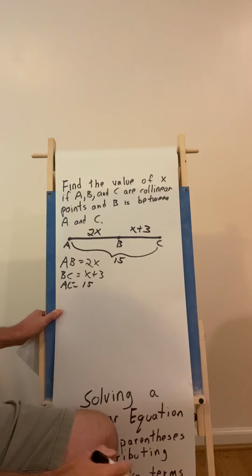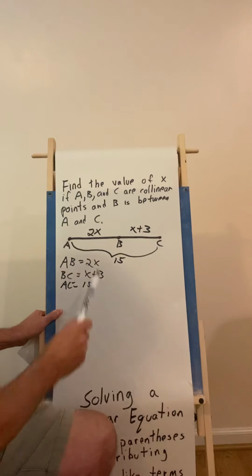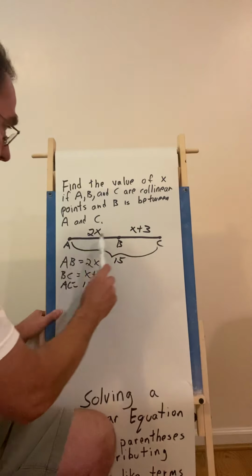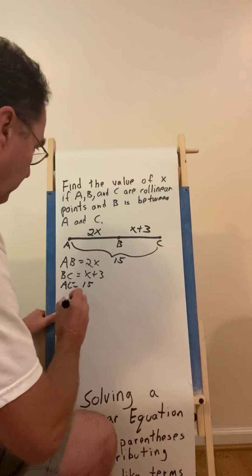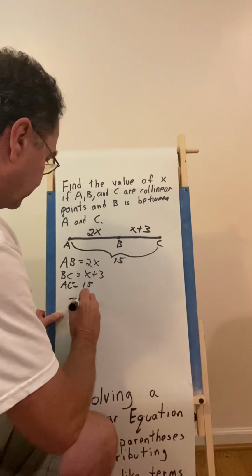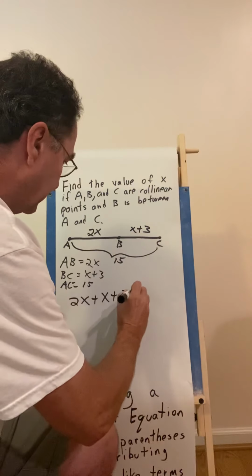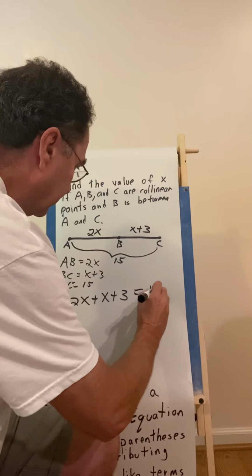So how are we going to set up our equation? That's where the geometry comes in. We know that these two parts of the line segment add up together and make the whole line segment. So our equation is going to be 2x plus x plus 3 equals 15.